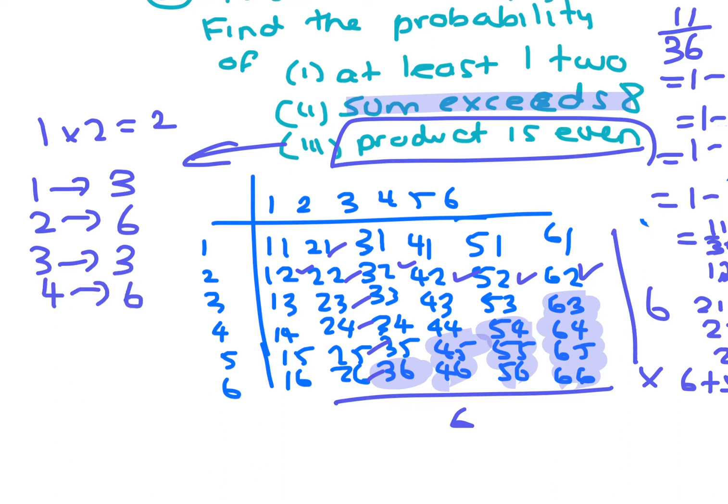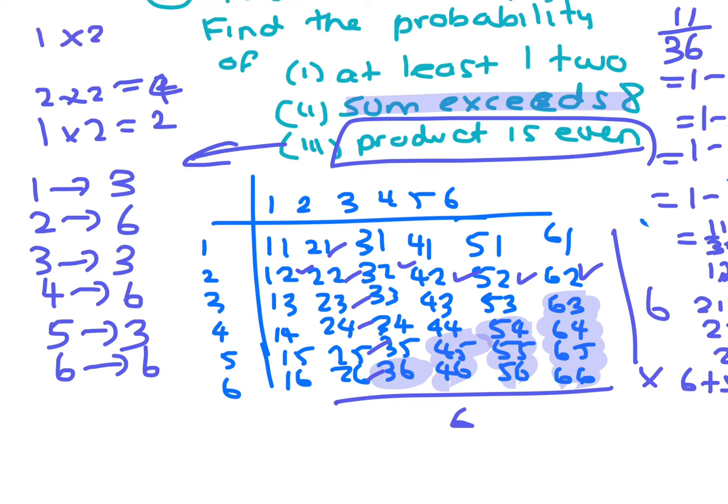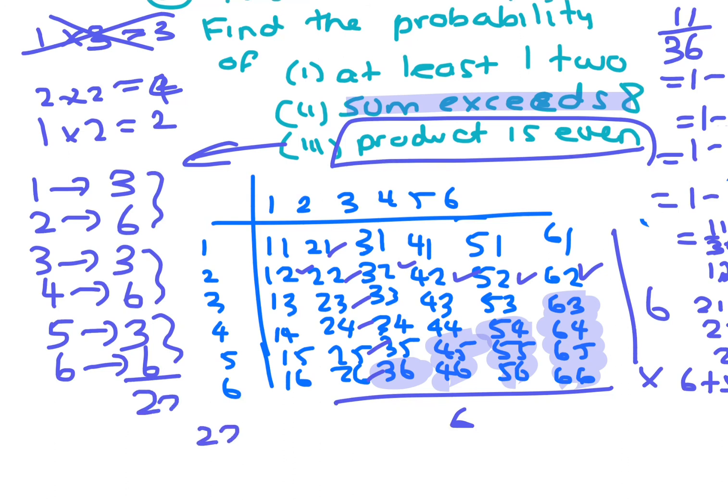When you look at 4, there'll be 6. When you look at 5, there'll be 3. And when you look at 6, there'll be 6 because they've all got an even in them, because an even times an even is an even, and an odd times an even is an even, but an odd times an odd is an odd, so they won't count. Okay, so add that up, that's 9, 9 and 9, so 3 9s are 27, so it'll just be 27 out of 36.